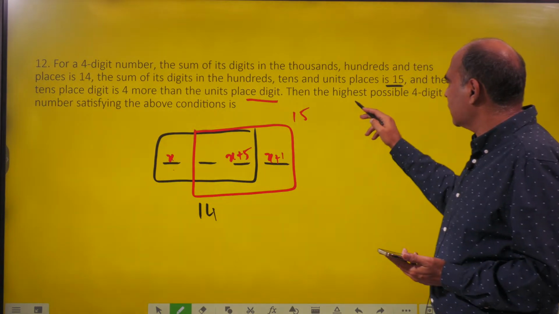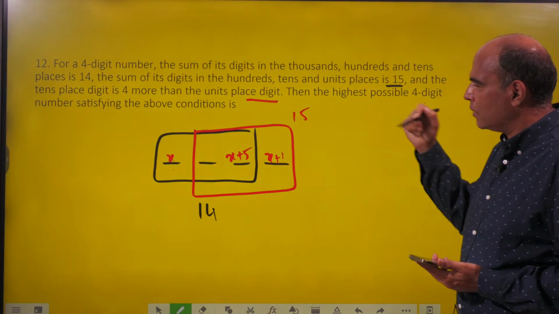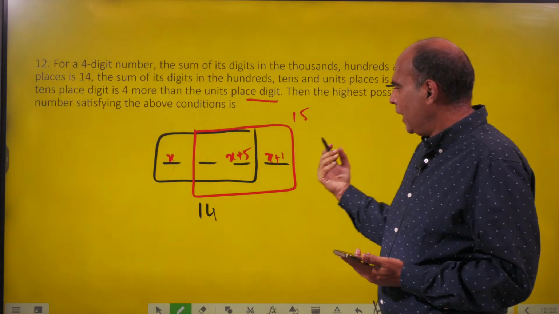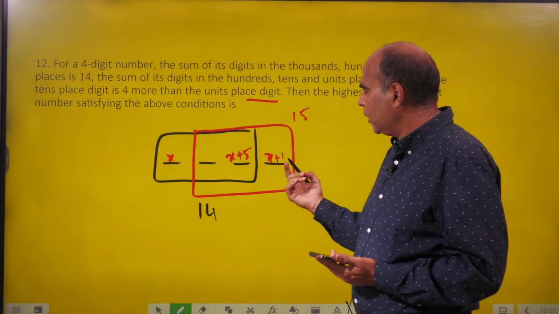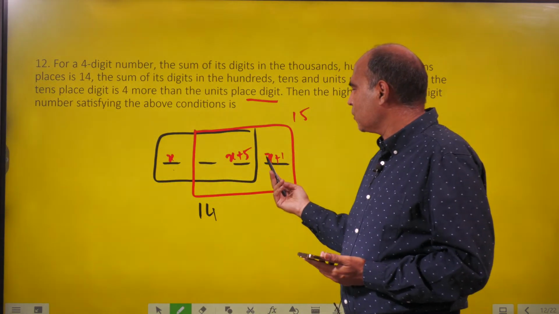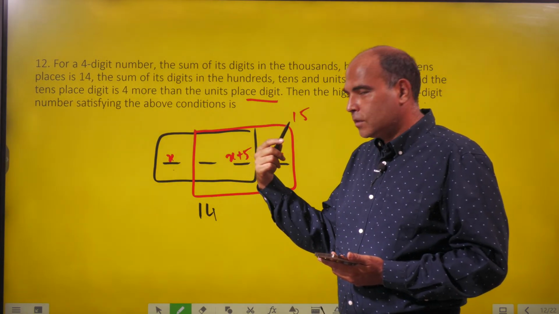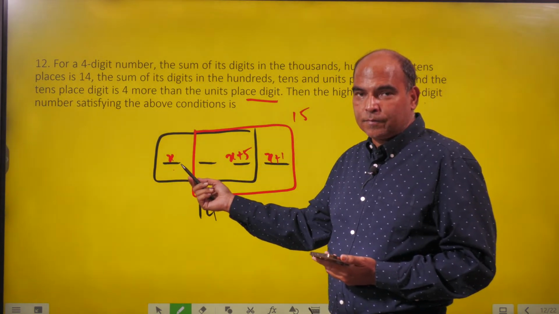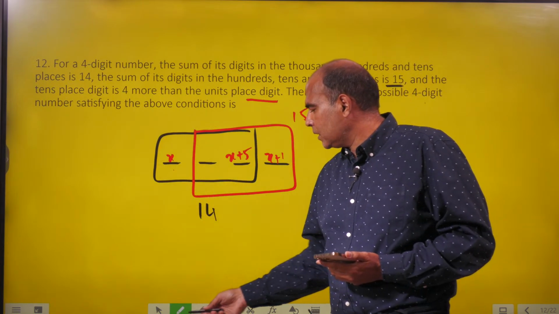So the question being asked is the highest possible 4-digit number satisfying the above conditions. So obviously if I want to go for the highest possible number satisfying the above conditions, I have to make sure that x, x plus 1 and x plus 5, all three are single digits. And at the same time I want to maximize x. So to do that, it's very simple.